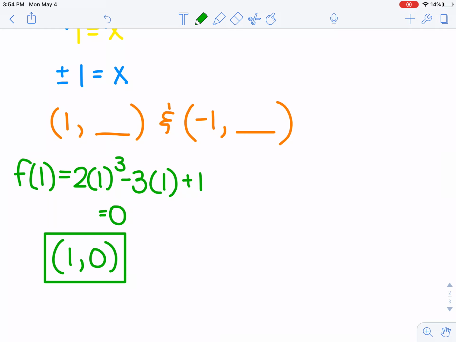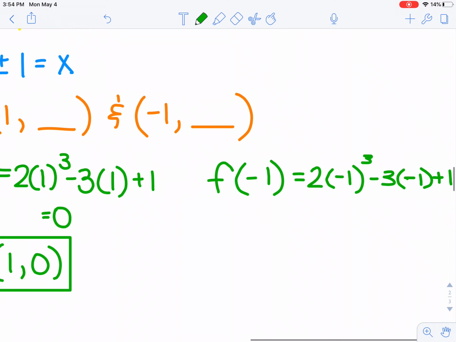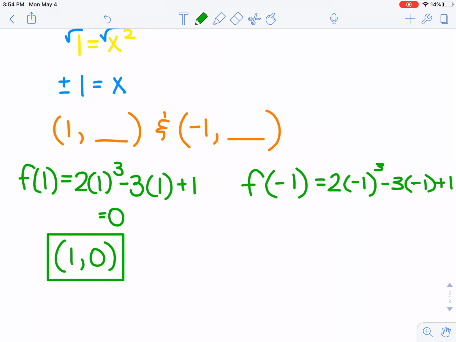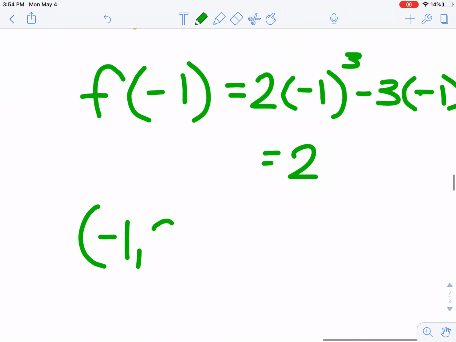And the second point, let's find f of negative 1. Okay, so what do we get? Negative 1 cubed is negative 1. Negative 2 plus 3, we get 2. So this point is negative 1, 2.